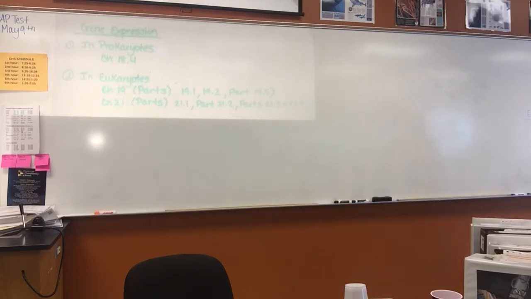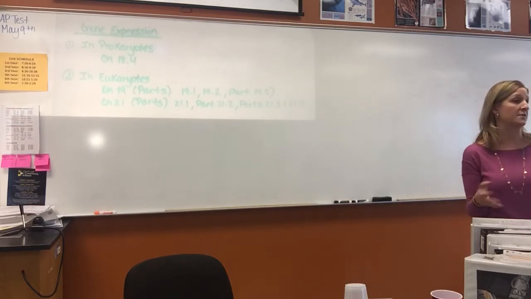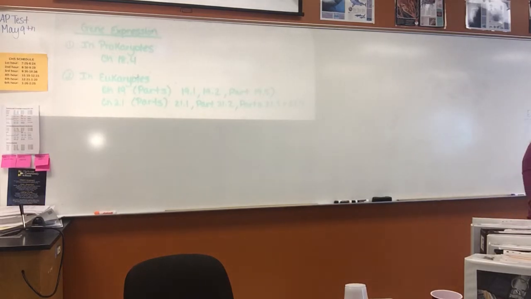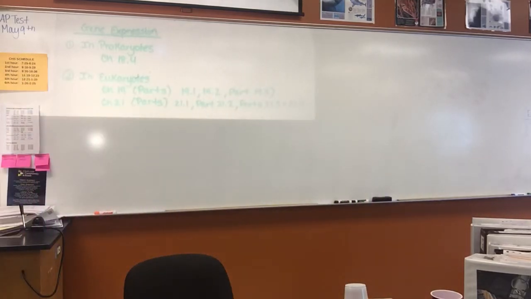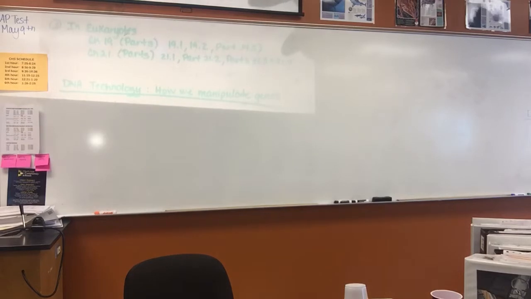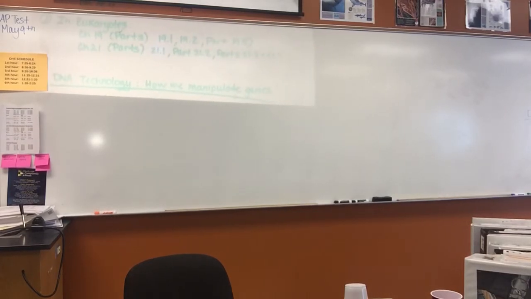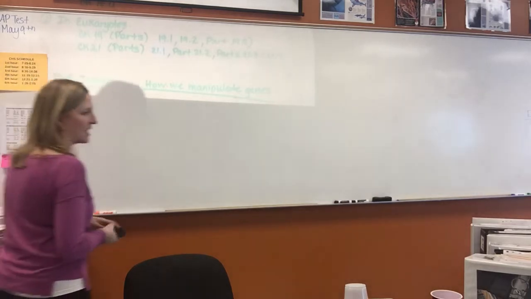We make what are called transgenic organisms, where we can take DNA and genes from one type of organism and put it into another type of organism and have it do certain things that we want it to do. So that's the last little bit of this molecular genetics unit. We're going to talk about an application of how we manipulate genes and look at some DNA technology.